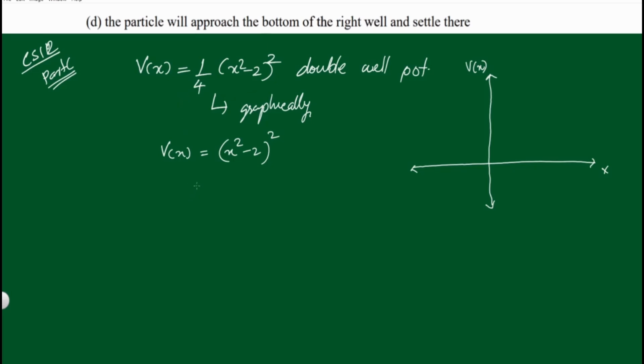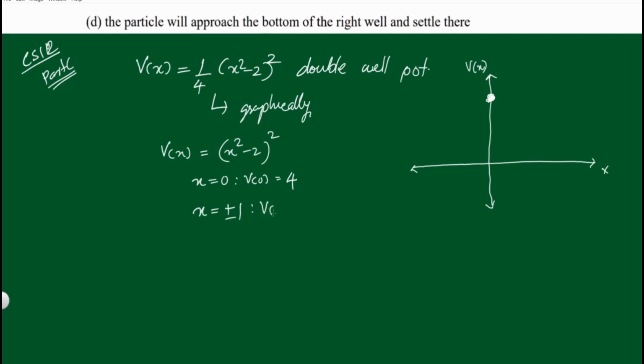So here I am taking x equal to 0. The corresponding potential V of 0, substituting this value, is equal to 4. So that is this point. When x equal to 0, V will be equal to 4. Now I am taking another point, x equal to plus or minus 1.